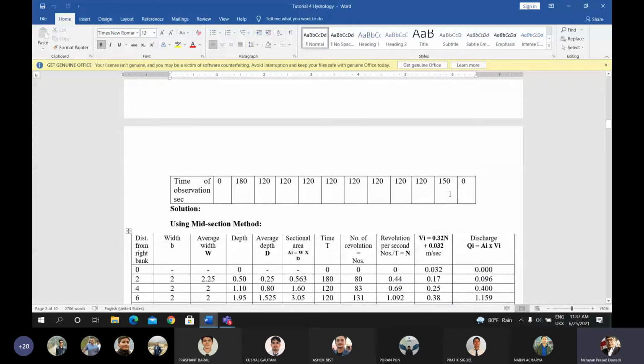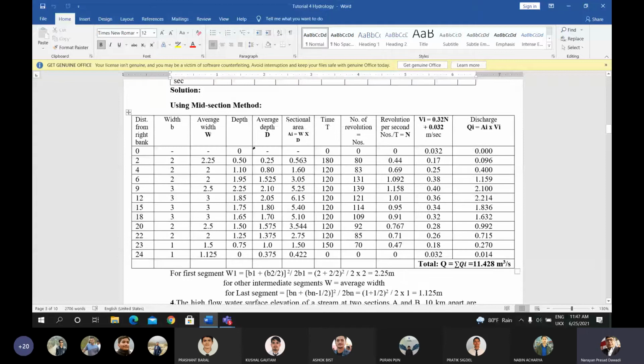Okay, up to 0.75. The first one is 0 and the last one is also 0. Now the average depth will be (0 plus 0.5) divided by 2, 0.25. Then (0.5 plus 1.1) divided by 2, 0.8 average value. Then (1.1 plus 1.95) divided by 2, 1.525. In this way, you can calculate the average depth.